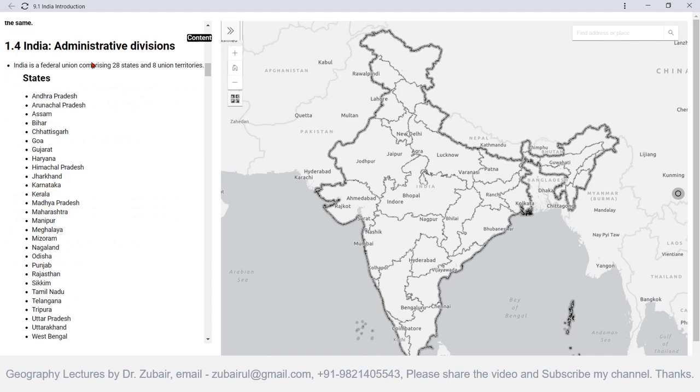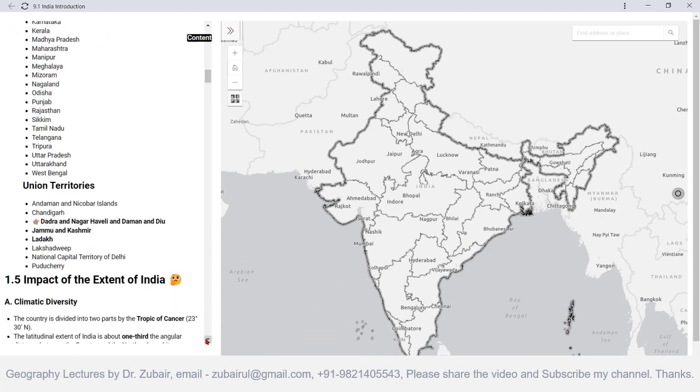If you look at the political division, or we can call it the administrative division, you will find there are 28 states in India and 8 union territories. The 28 states are mentioned here. While for the Union Territories, you can see the new Union Territories, Ladakh and Jammu and Kashmir.